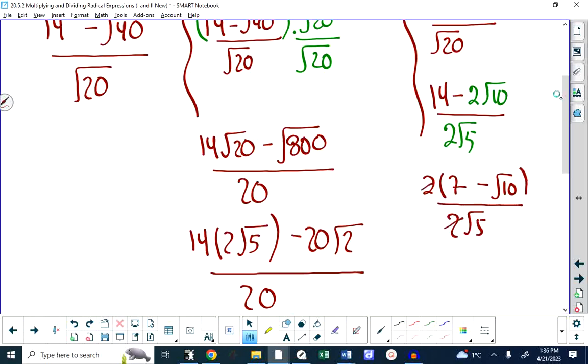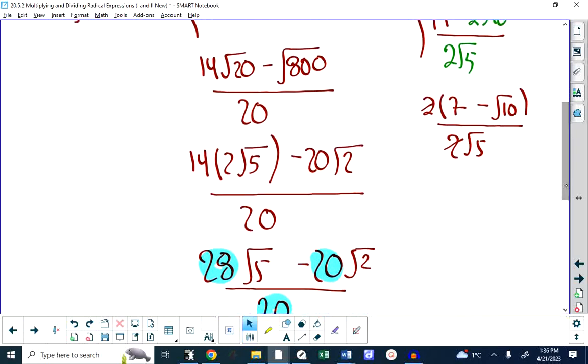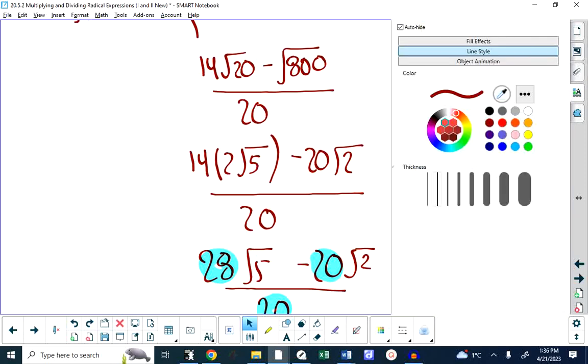So we're dealing right away, if you do it the other way, with 7 minus root 10 all over root 5. That's pretty good compared to root 800, root 20, all that other stuff. I guess I will do this in green in keeping with my theme.